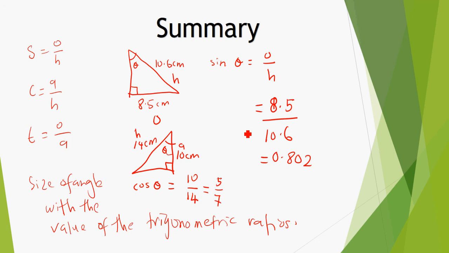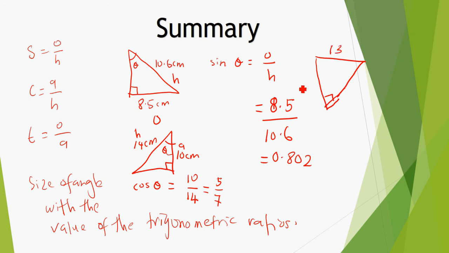Now an example for tan. Value of tan. Let's say you have a triangle like this. This is the 90 degrees.